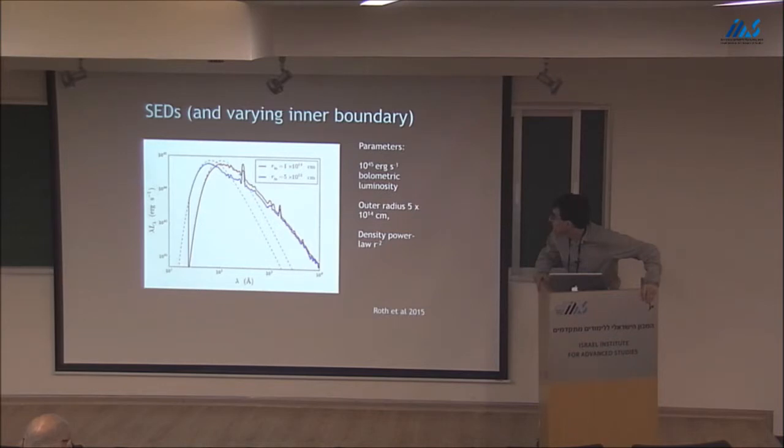But I don't know, 1500 angstrom, carbon IV? Well, we don't have carbon, so that might be an oxygen line. I should go in and identify which line that is. It looks like a big feature, and I'd want to see if that is robust against other parameter changes. I've been focusing mainly on the lines that we see in the optical, but I think we definitely want to do more predictions for the UV. We saw UV observations. Yeah. So I haven't had a chance to really compare in detail to the UV observations just yet.